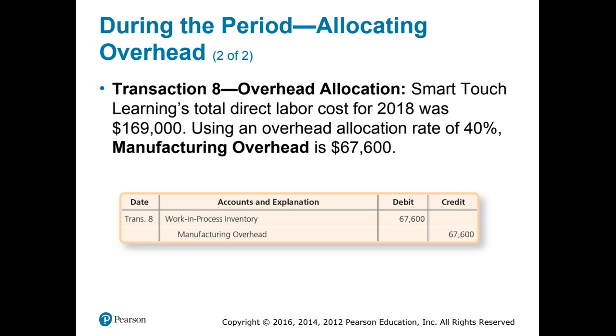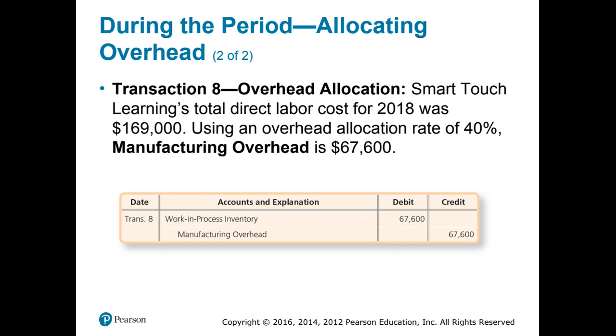So we've worked on many jobs, including job 27. We allocated our manufacturing overhead to each of the jobs, including jobs that were still in process. Our total direct labor cost was $169,000. So total overhead allocated to all jobs is 40% of the $169,000 direct labor cost, or $67,600.